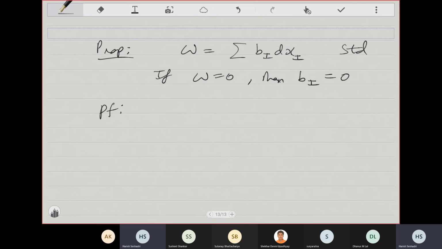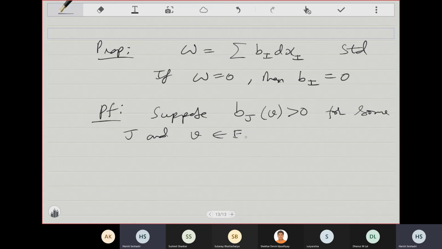As I said, the proof essentially involves this. Suppose Bj of V is greater than 0 for some J and some V in E. The claim is that all these functions are 0.